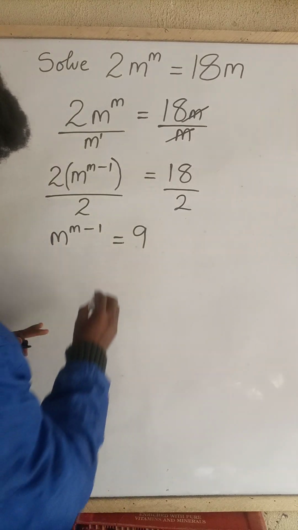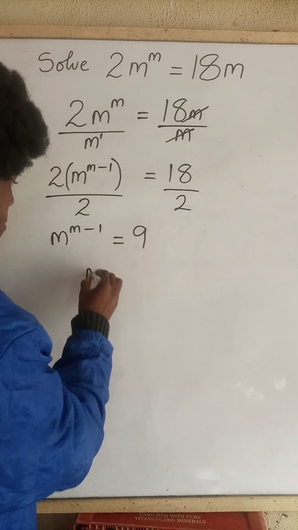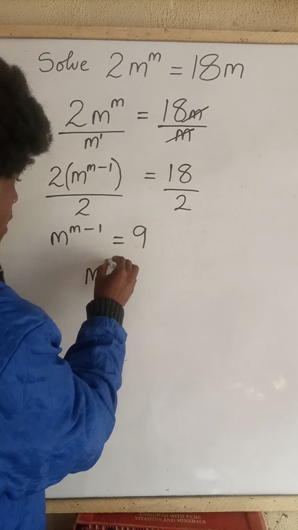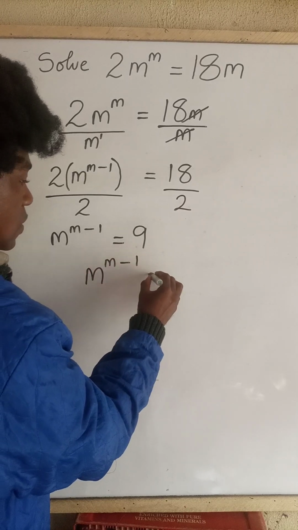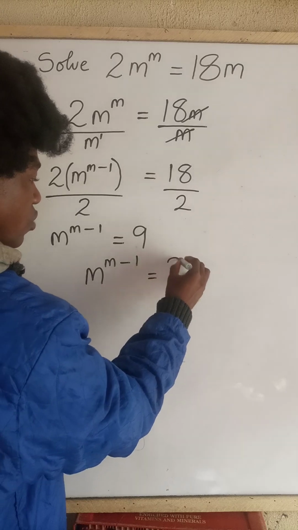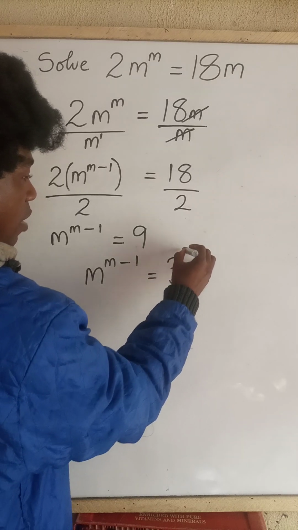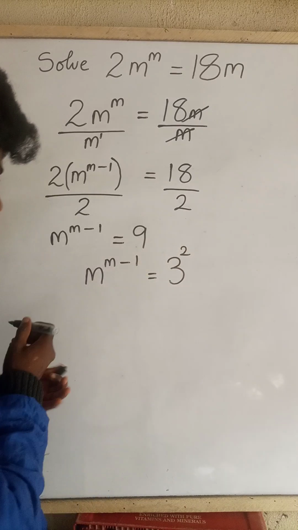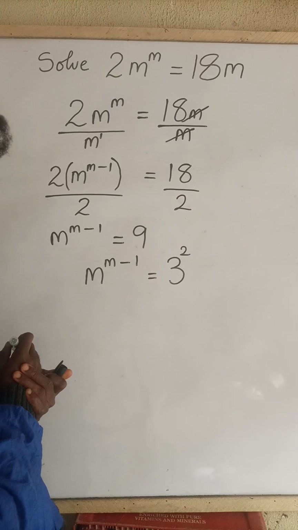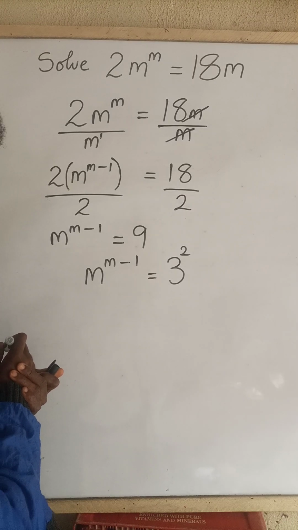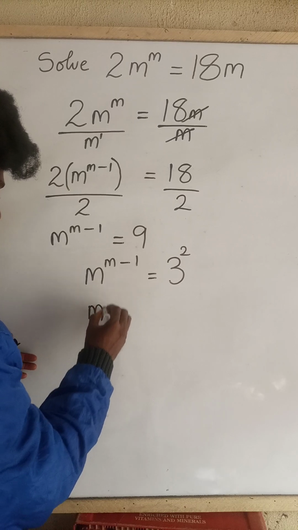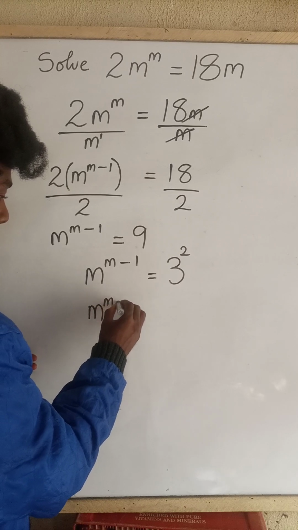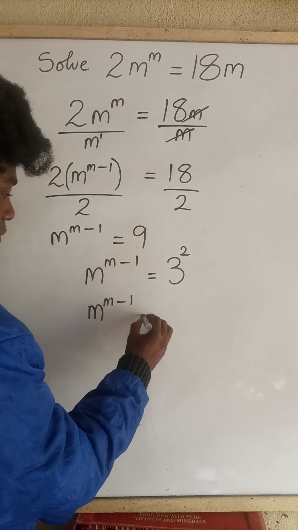The next step now will be m power m minus 1 is equal to 3 power 2.